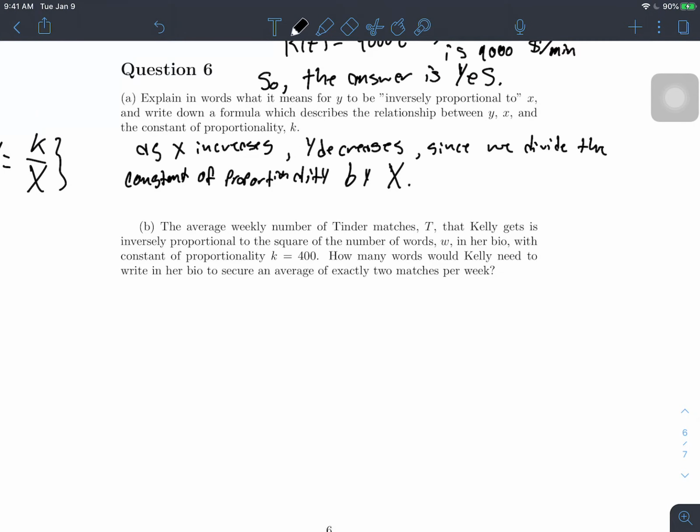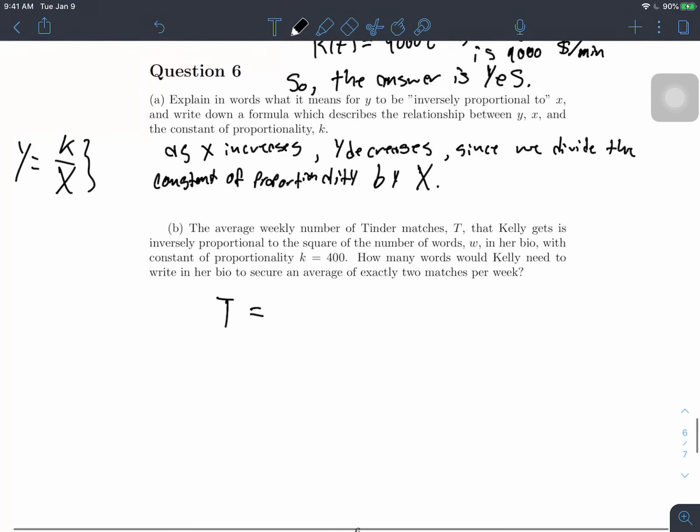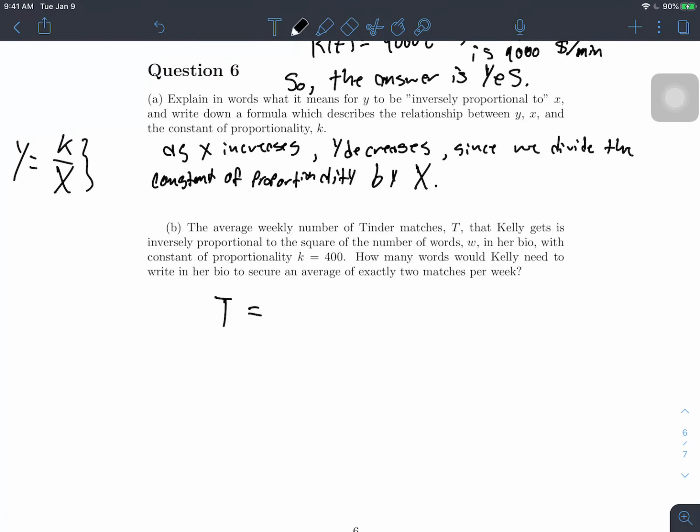So let's start by writing T is equal to 400 on top, since we know the constant of proportionality is 400. And on the bottom, I'm not going to put W because the problem says T is inversely proportional to the square of the number of words, W. So what's going to go in the denominator here is not W, but W squared.